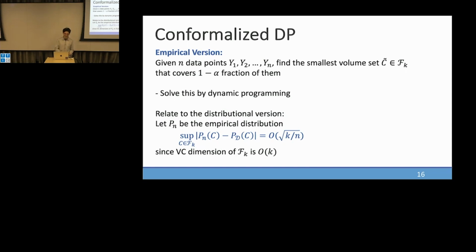How do we go back to the distributional version? We can see that as the number of samples increases, the empirical distribution Pn will get very close to the true distribution P, since the VC dimension of the set family Fk is bounded by k.